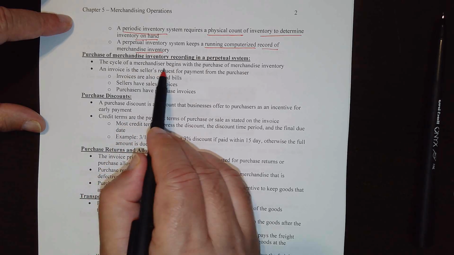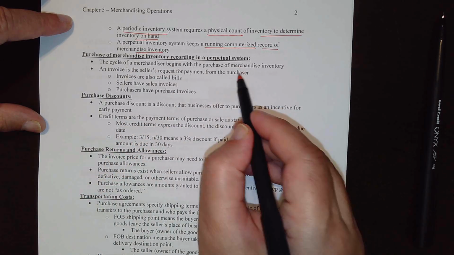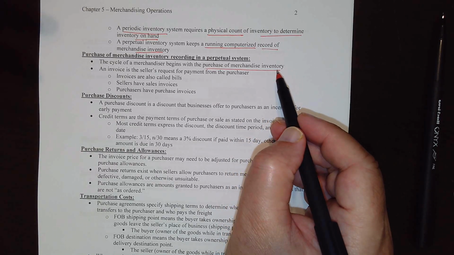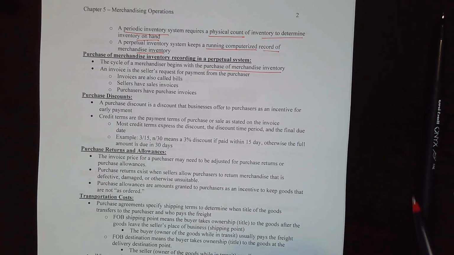The cycle of merchandise begins with the purchase of merchandise inventory. So the first point is when you purchase the inventory. Imagine you are opening a store and you are going to sell cake. What are you going to do?